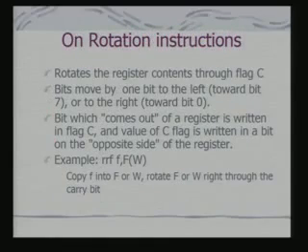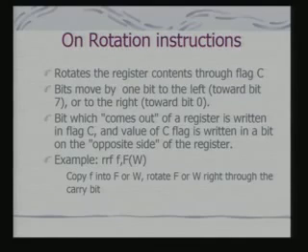We shall look at rotation instructions. Now typically rotation instruction rotates a register content through the flag C. So carry flag is involved when we are doing the rotations. So bits move by one bit to the left or to the right, depending on whether you are doing a rotation left or rotation right instruction.